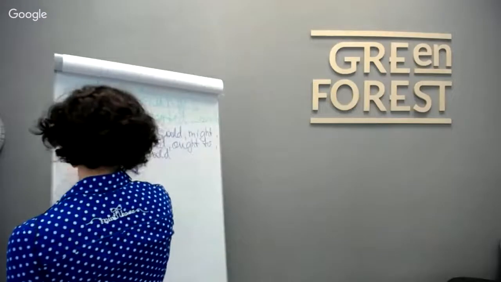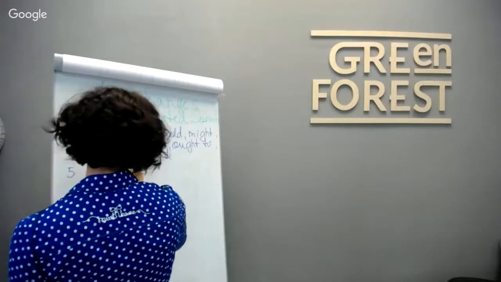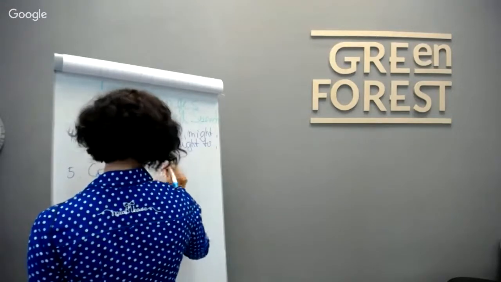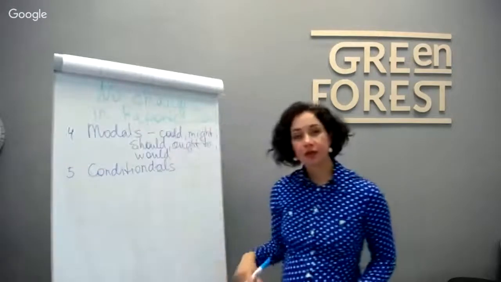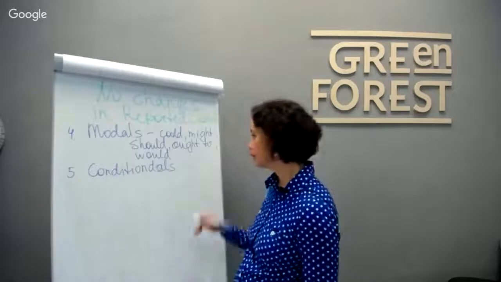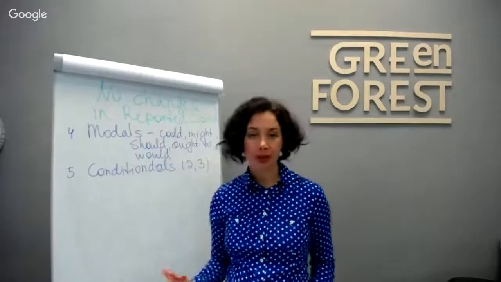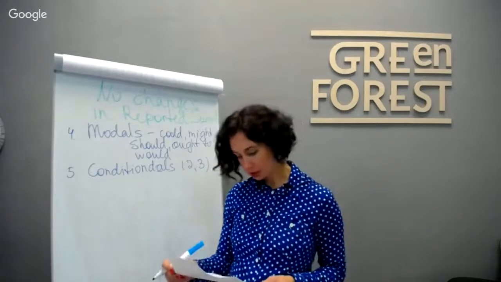The next one, well, actually the fourth one, I mean. These are our conditionals. We have present unreal conditional or future unreal conditional. This is second and third when we talk about past imaginary situation. These two conditionals have no changes.